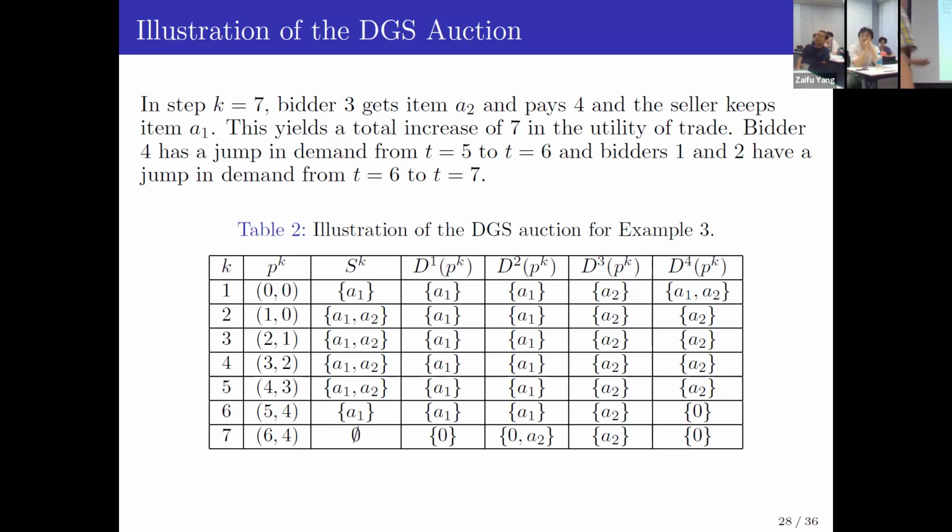So here, actually not only DGS, but also Ausubel, and my previous auctions too, if you apply them directly, there's a problem. Namely, in those auctions, typically the seller offers the prices and then bidders respond.